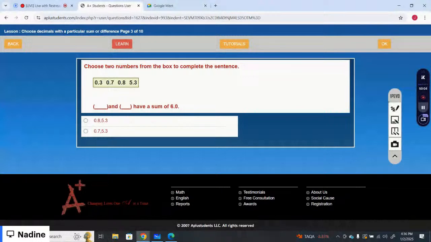That is the sum of two numbers. Option number two is the correct option. That is 0.7 and 5.3.